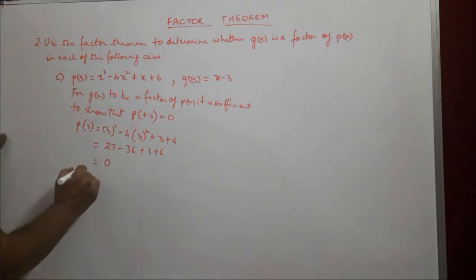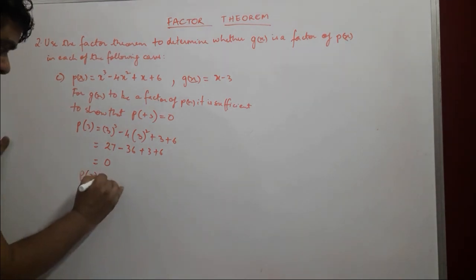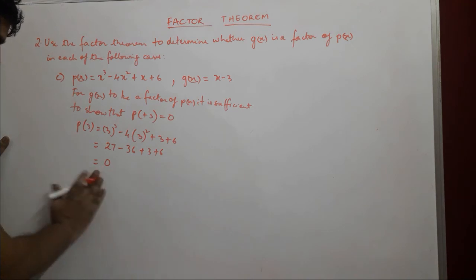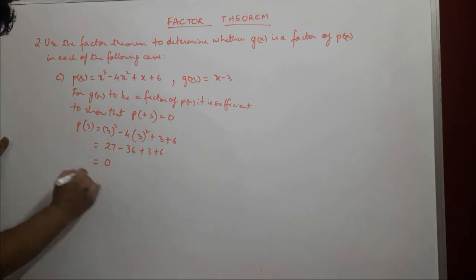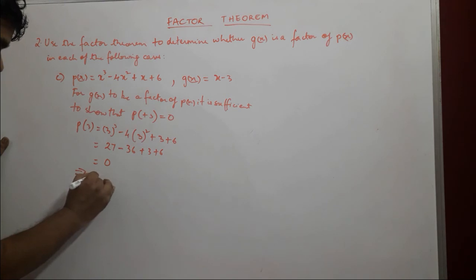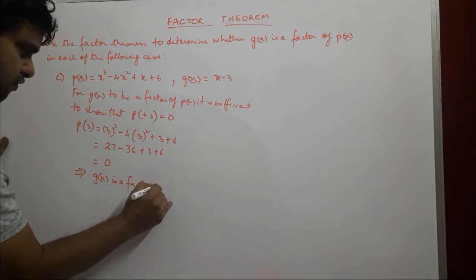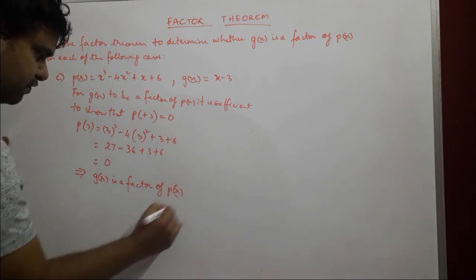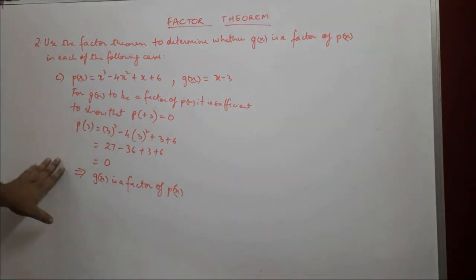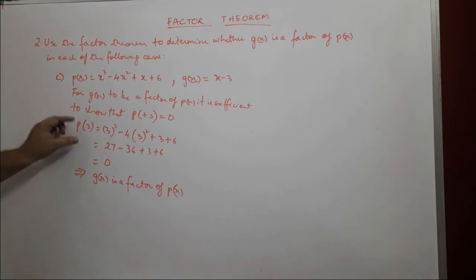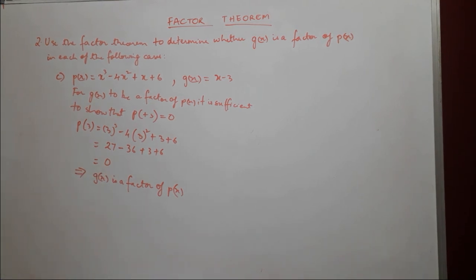So since p of 3 is equal to 0, this implies that g of x is a factor of p of x. In this case we found that the value of the polynomial at x equal to 3 comes to 0, and hence the conclusion that g of x is a factor of p of x.